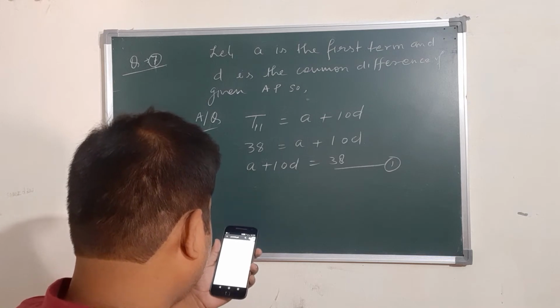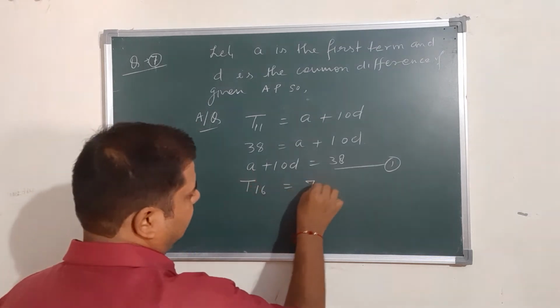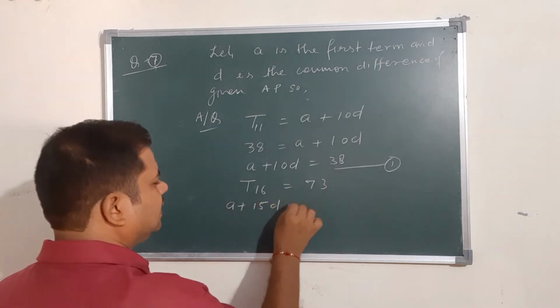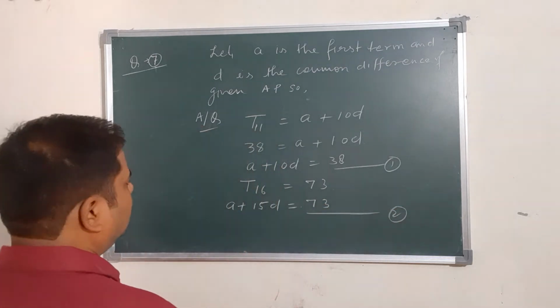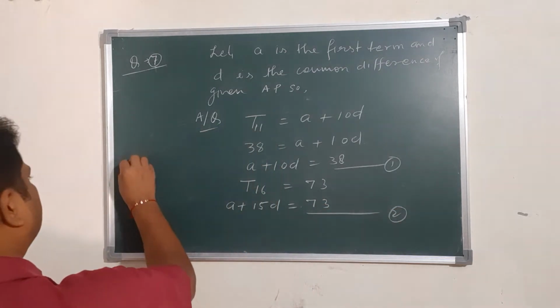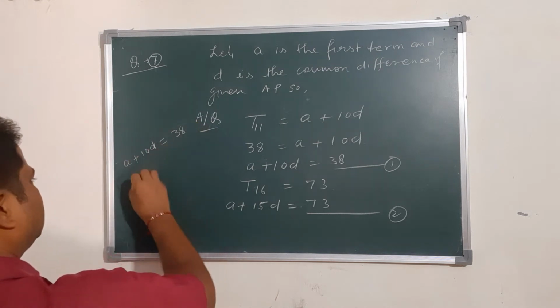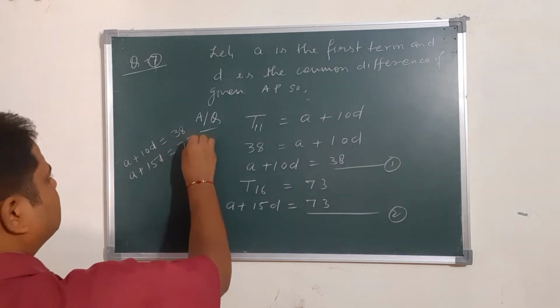Again, 16th term is 73. That means A plus 15D is equal to 73. This is equation number 2. On solving both the equations, we have A plus 10D is equal to 38 and A plus 15D is equal to 73.